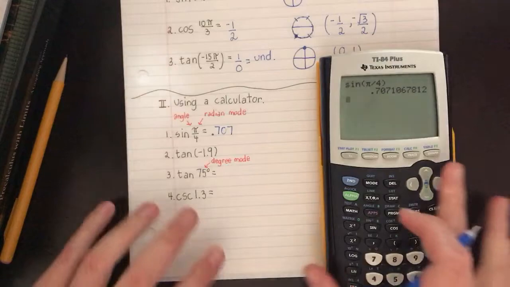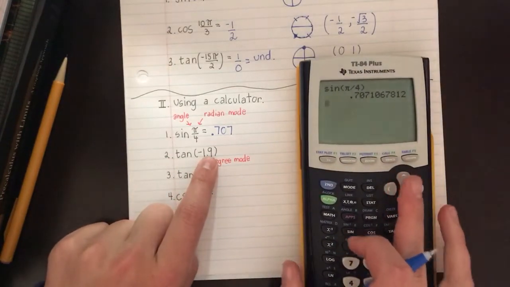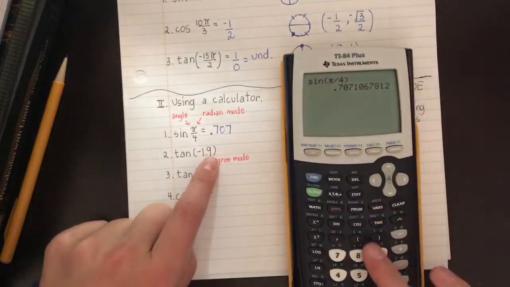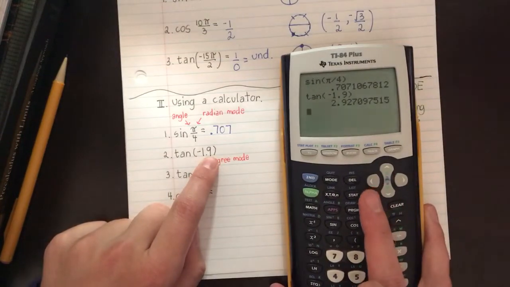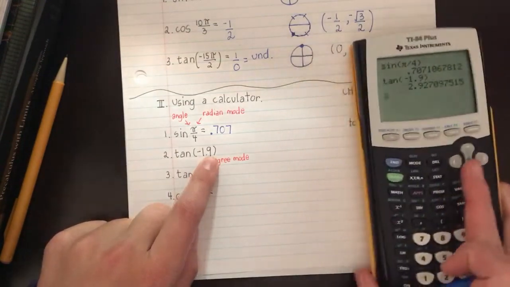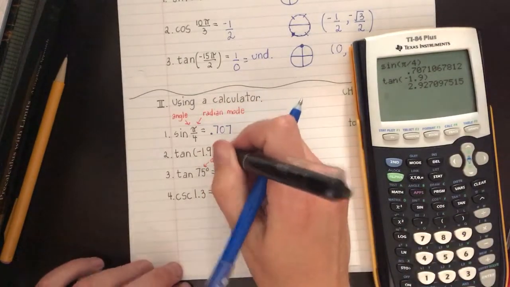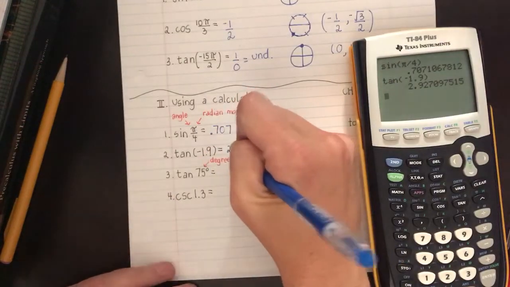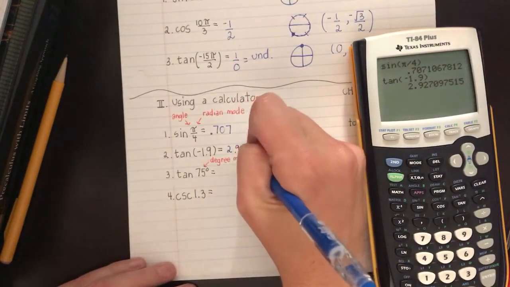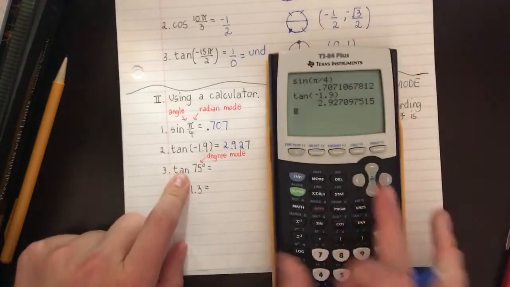Then let's find tangent of negative 1.9. Again, we're in radian mode. There's no degree, so tangent of negative 1.9 radians. The calculator says it's 2.927. Here, tangent of 75 degrees.